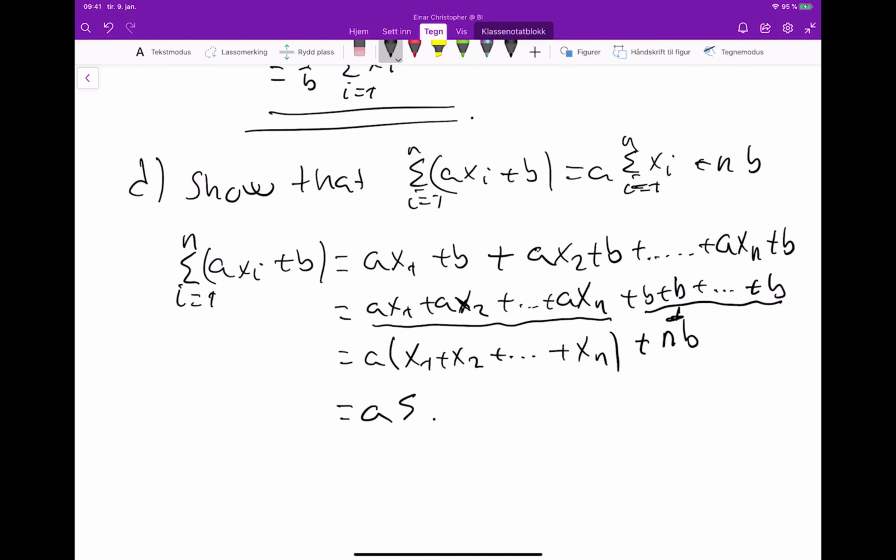So that we can write like this: the sum of the xi's from i equal 1 to n plus nb. What we were supposed to show. So that was exercise 1. Do it again, step for step, and do all the steps.